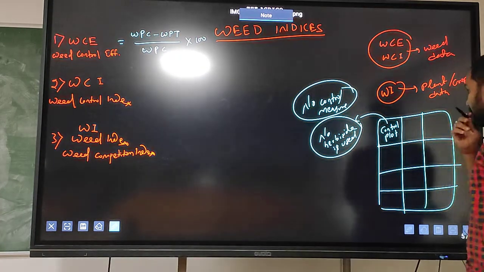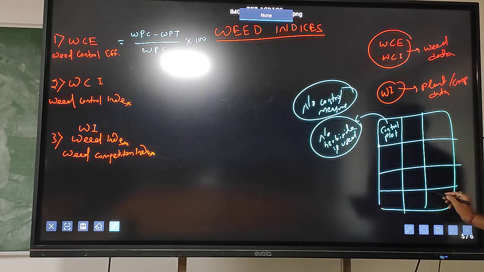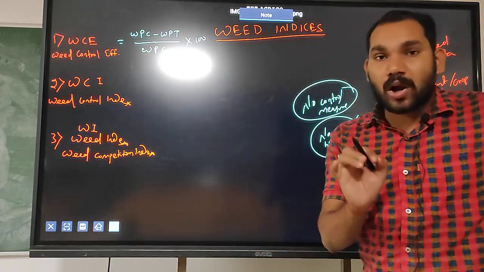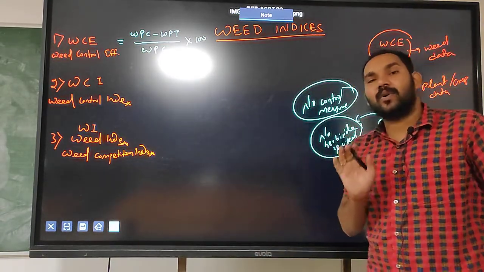Okay. So another plot will be there, which is the weed free plot. Here we can go for hand weeding, twice or thrice, so that the plot will remain completely weed free.